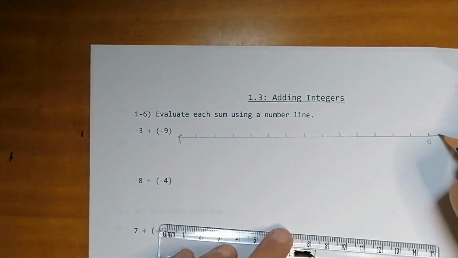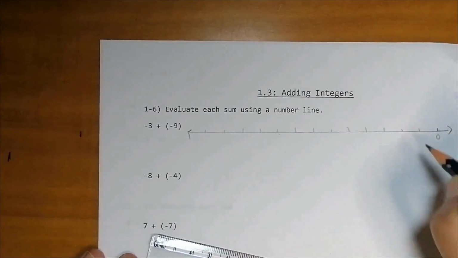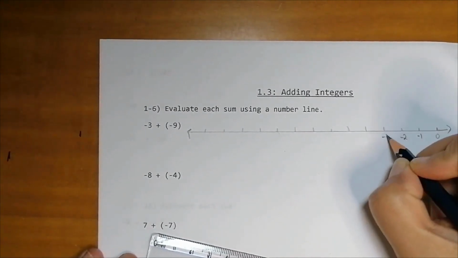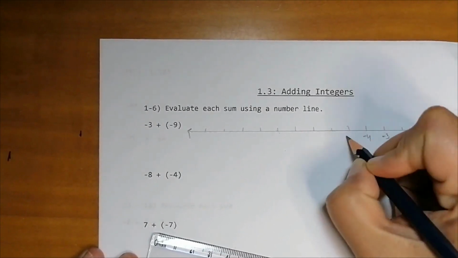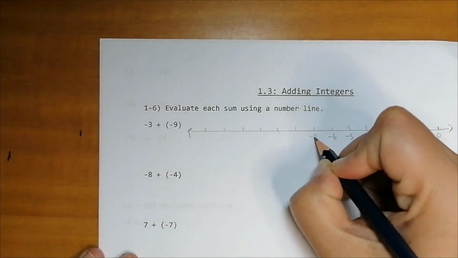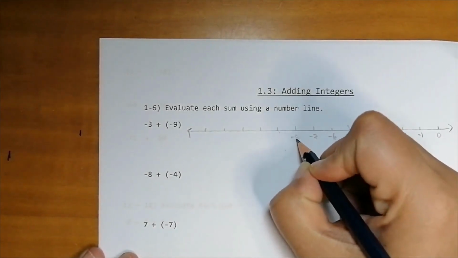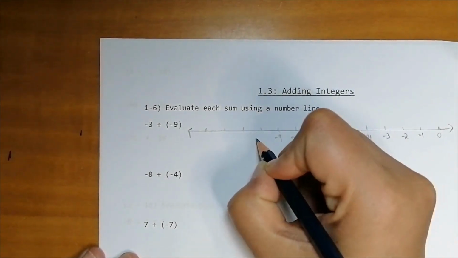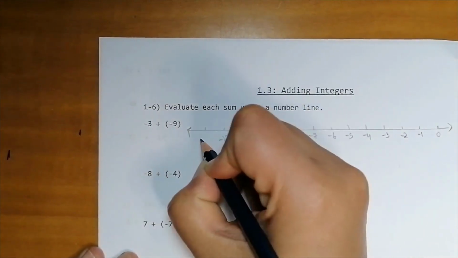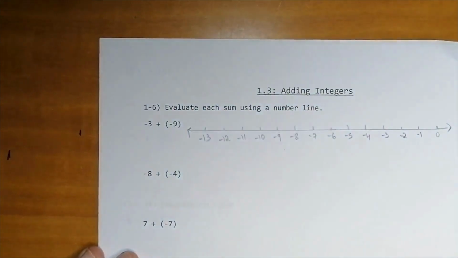Let's say this is our 0. So this is -1, -2, -3, -4, -5, -6, -7, -8, -9, -10, -11, -12, and -13.